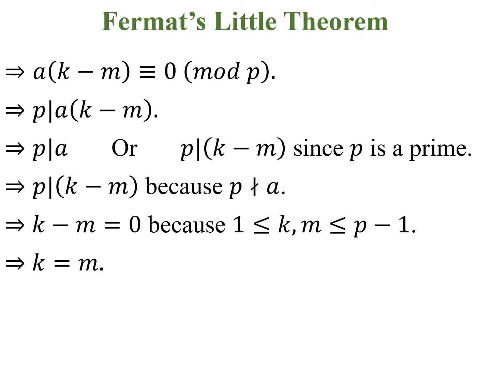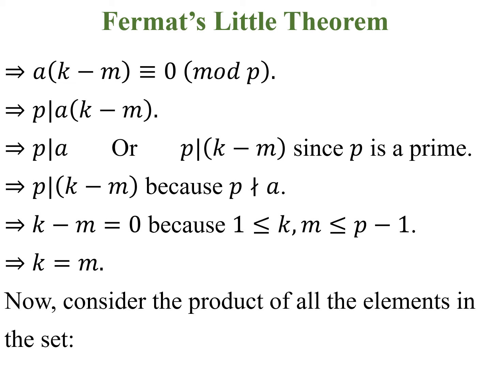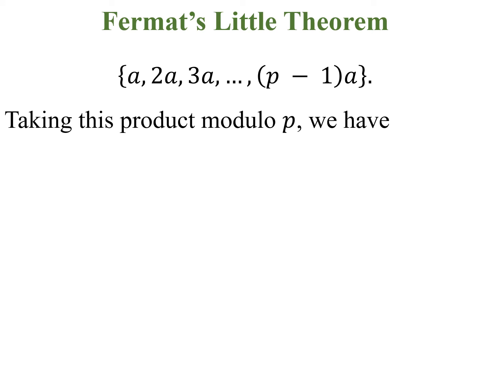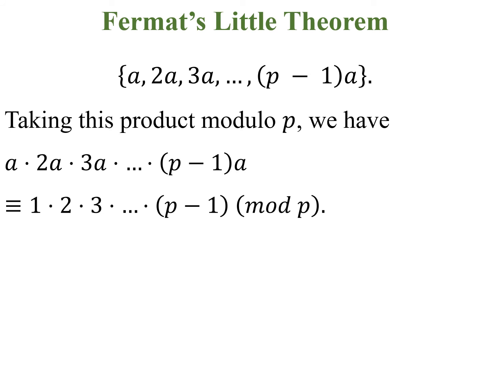So let us take the product of all elements in this set, like A into 2A into 3A into dot dot into P minus 1 times A. Okay, so what do we get? These are congruent to 1, 2, 3 up to P minus 1 in some other order.